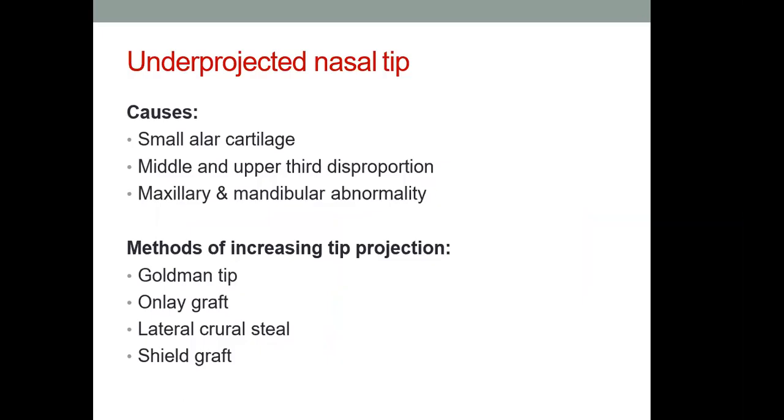Underprojected nasal tip is caused by smaller alar cartilage, middle and upper third disproportion, and maxillary and mandibular abnormalities. The methods for underprojected nasal tip include Goldman tip, onlay graft, lateral crural steal, and shield graft.